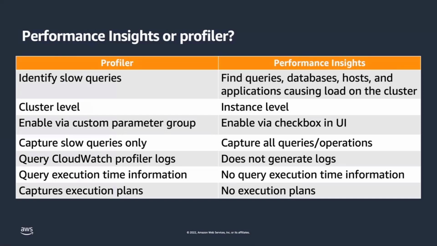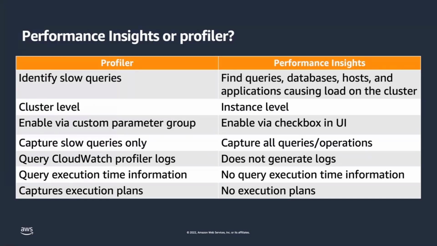Performance Insights captures all operations, whether it's queries executed by a client application or DDL operations like creating indexes. Performance Insights is going to be able to capture all of those things. With Profiler, you're going to basically query the logs through CloudWatch. Performance Insights doesn't generate any logs that you can query or look at.